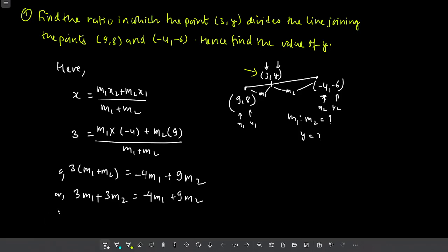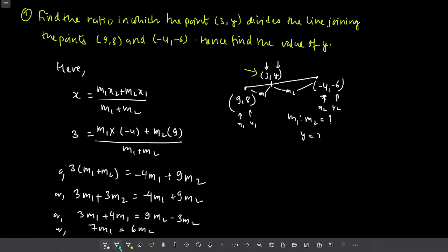Now the terms with m1 should be kept on one side and the terms with m2 on the other side. So 3m1 plus 4m1 equals 9m2 minus 3m2. So it is 7m1 equals 9 minus 3, which is 6m2.